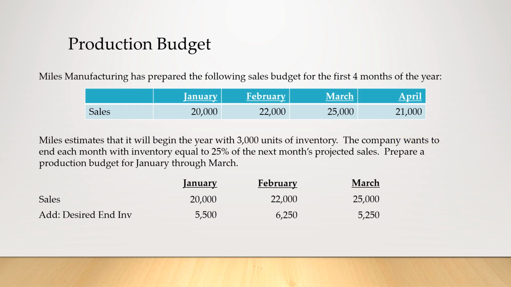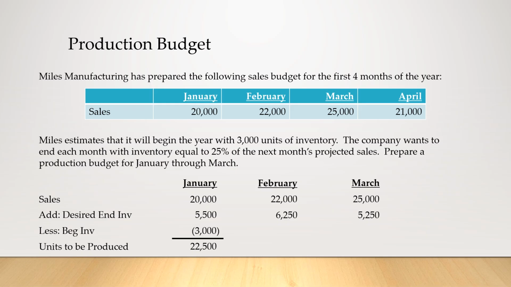Sales plus desired ending inventory gives us the total inventory we need, but that's not necessarily the amount of inventory we need to produce because we already have beginning inventory on hand. So we will subtract that number from the total of what we need to make. January's beginning inventory is estimated to be 3,000 units, meaning we must make 22,500 units in January.